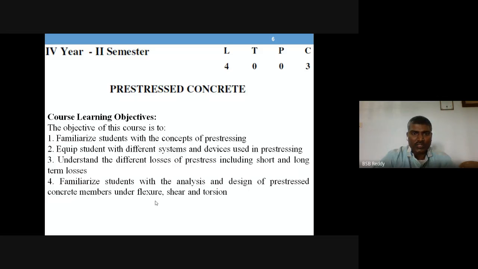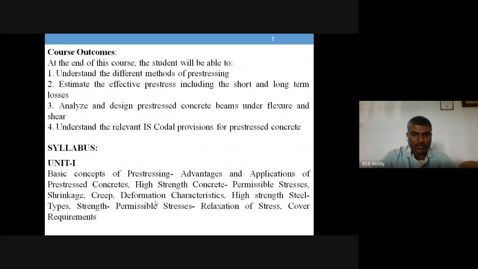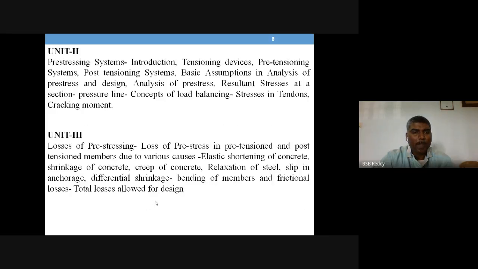And when it comes to the syllabus, pre-stressed concrete has 6 units. The first unit deals with the introductory content and also the materials required for pre-stressing, and unit 2, the pre-stressing systems, and also the analysis.